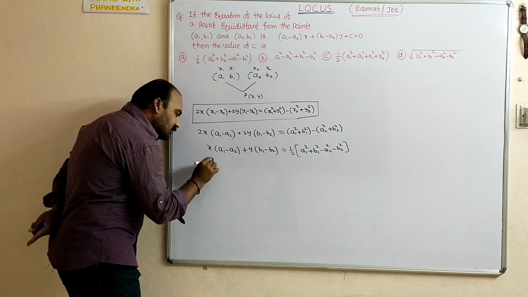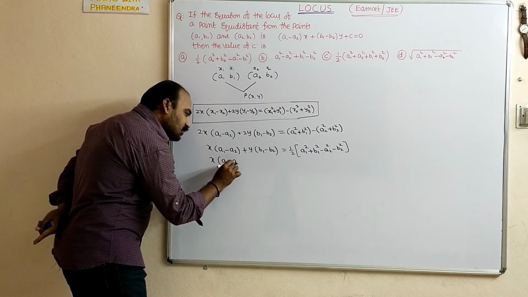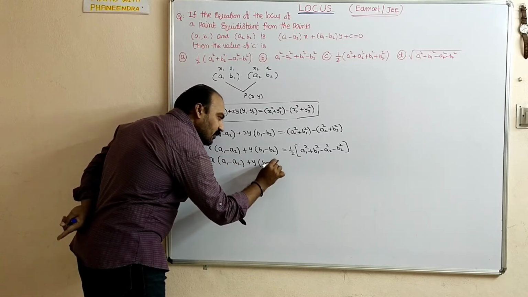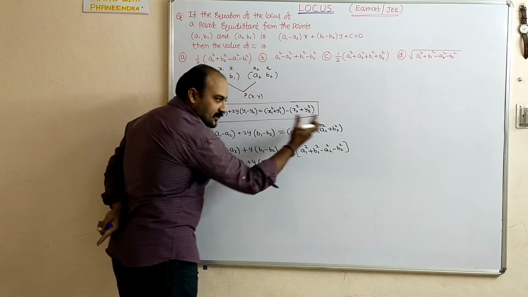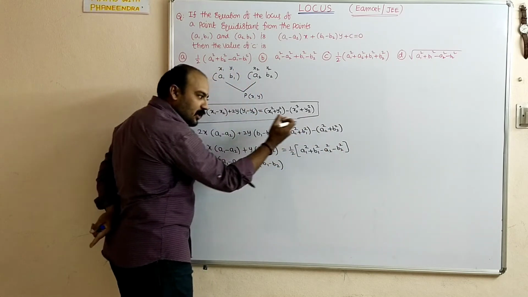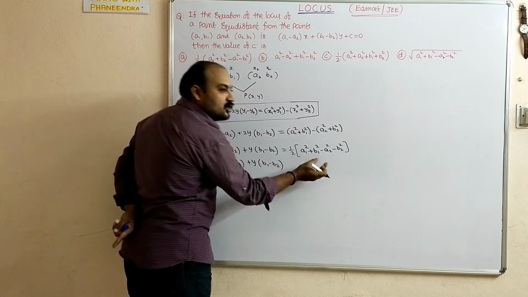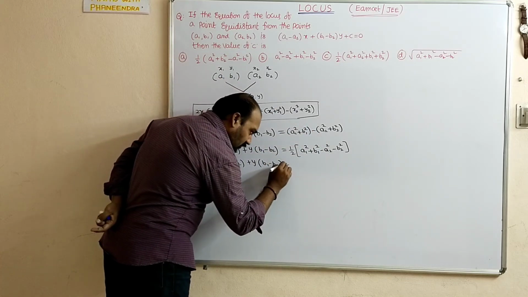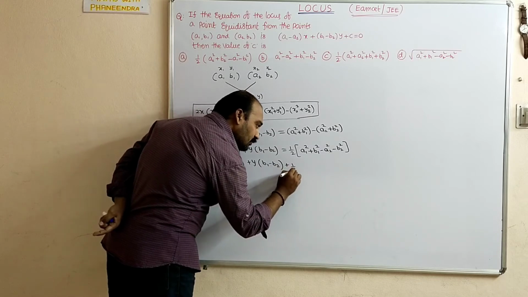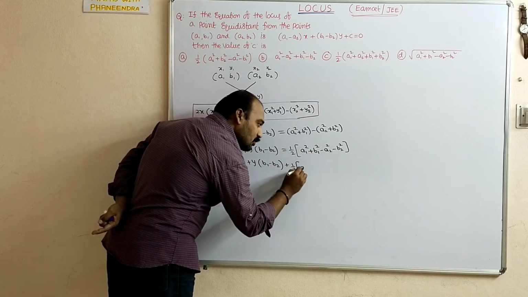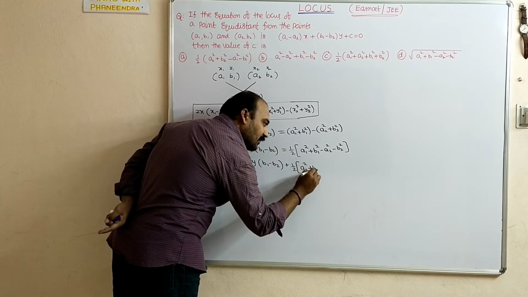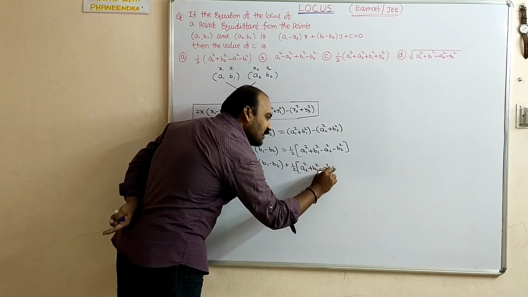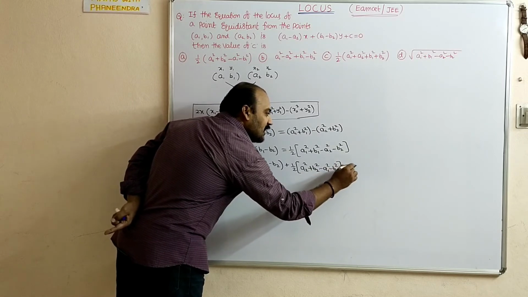So it becomes x(a1 - a2) + y(b1 - b2). Whenever these terms are taken to this side, minus values become plus and plus values become minus. So plus 1/2 (a2² + b2² - a1² - b1²) is equal to 0.